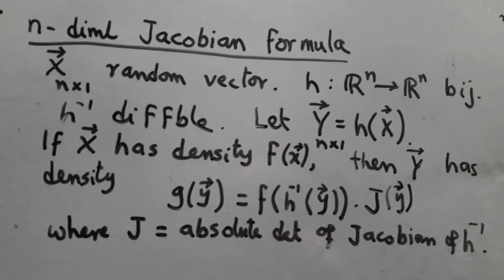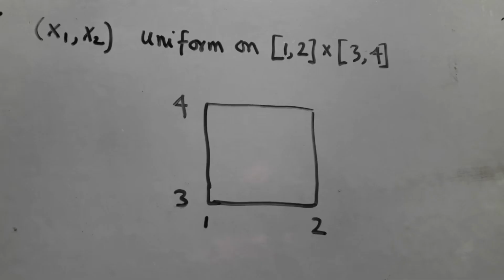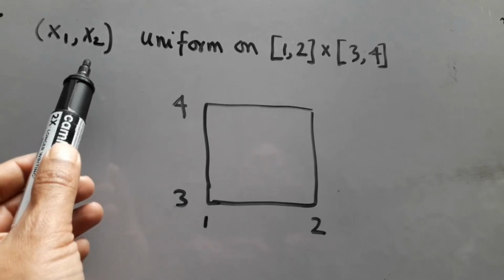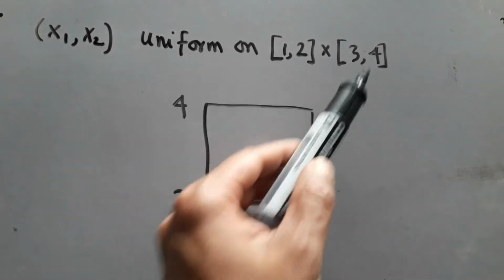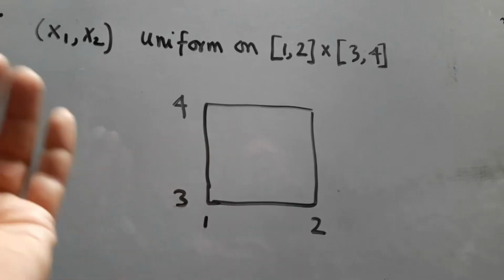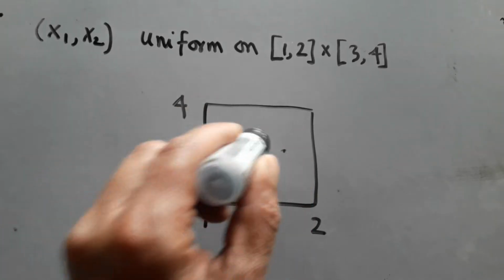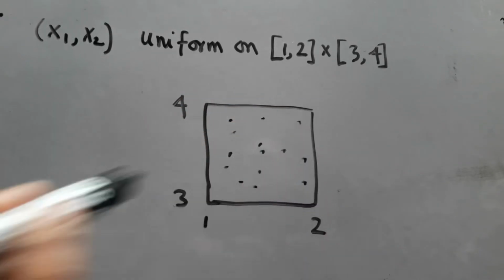So let us see this in an actual example. In this example, we start with x1, x2, which is uniform on this square. So if you take some observations, it could be just anywhere, any point is as likely as any other point.